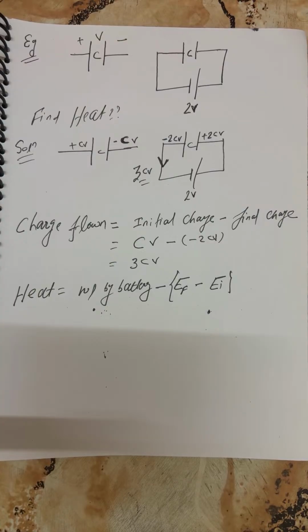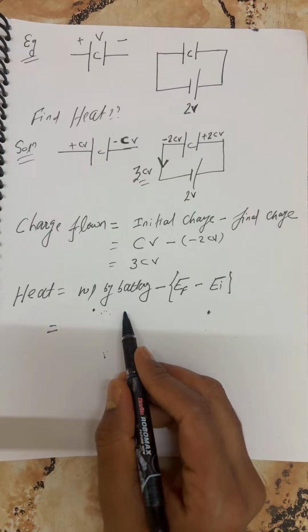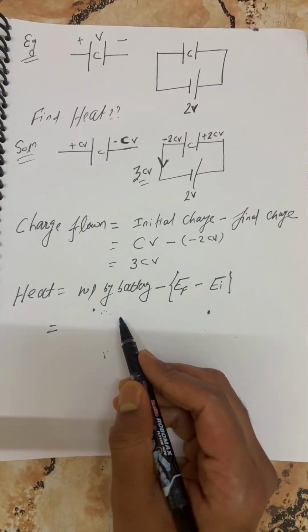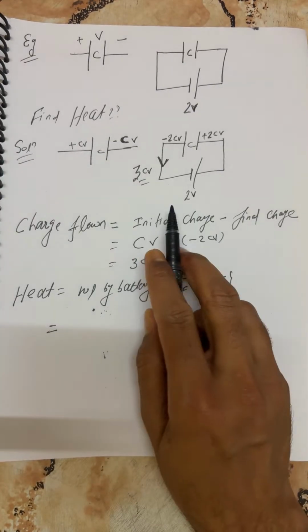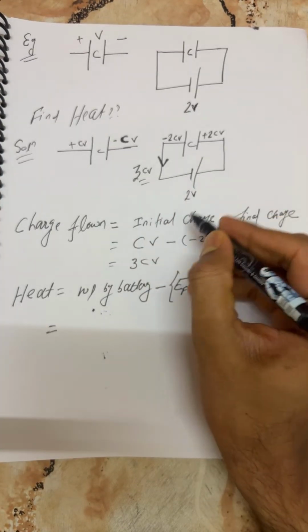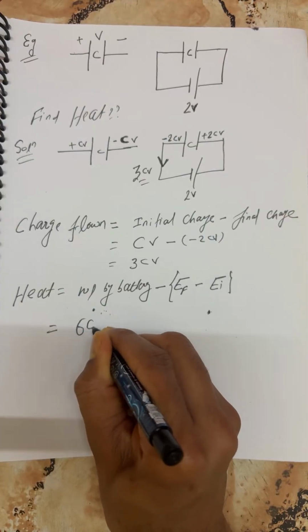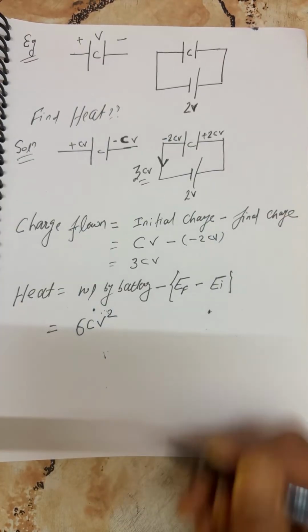So here, work done by battery is Q into V. What is Q? 3CV into 2V. So this is 6CV square.